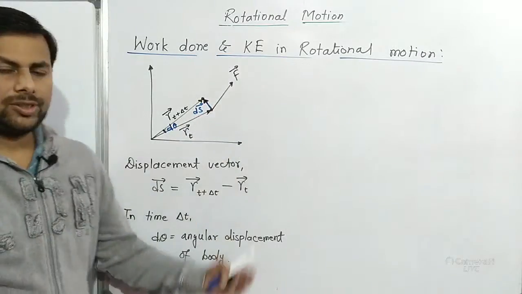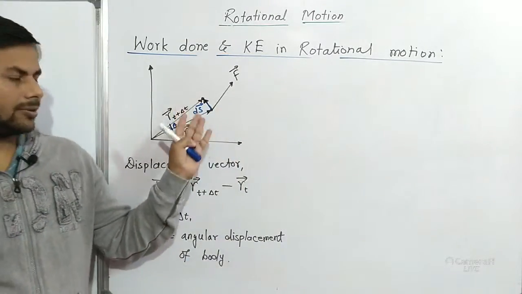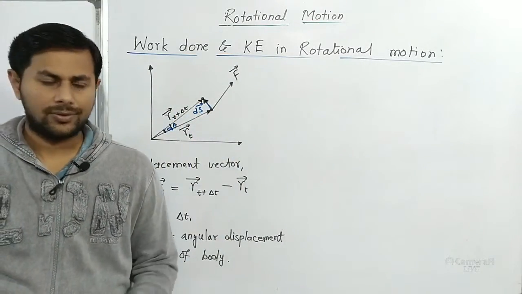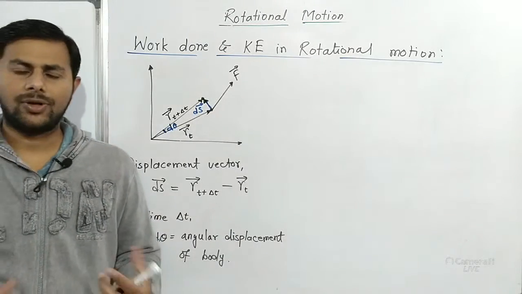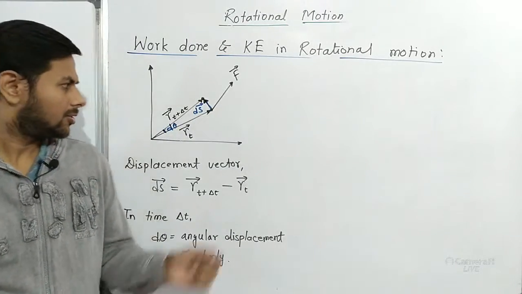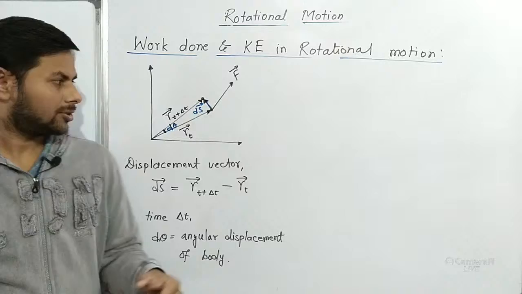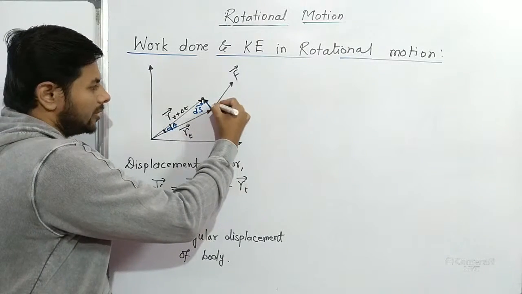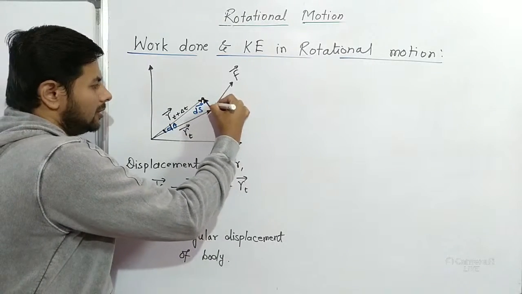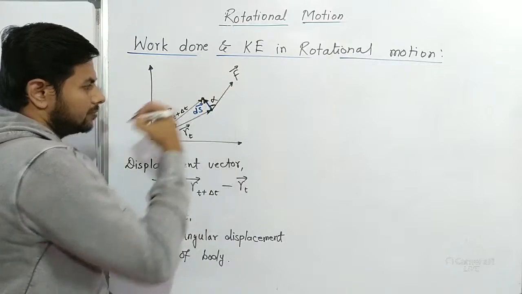So how much is the work done by this force on this particle? We know work done is the dot product of force and displacement. If this time interval is very small, we can say the angle between force and displacement is this one. Let's call this angle alpha.